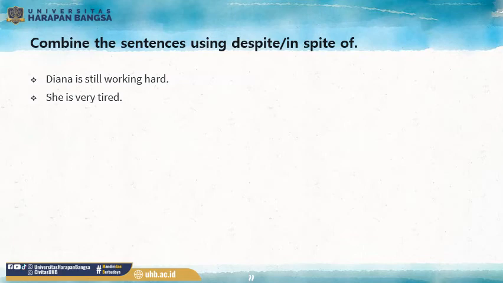Nah, kita lihat kalimat kedua nih. She is very tired. Ada bentuk to be ya, is. Ingat, despite atau in spite of tidak bisa menggunakan kalimat. Tidak bisa diikuti subjek dan verb. Maka kita pakai kata benda atau frase benda ataupun gerund. Karena ada bentuk to be di sini, berarti kita bisa pakai bentuk gerund ya.